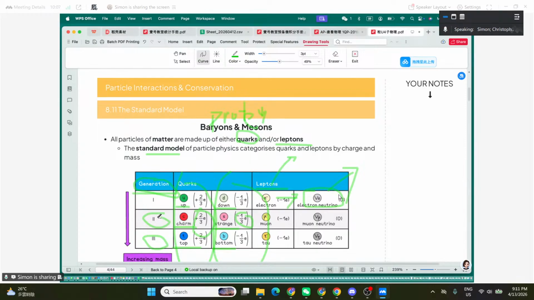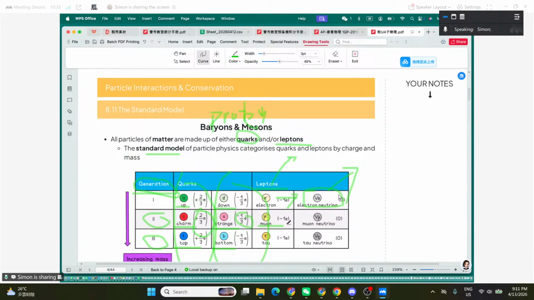In generation two, we have the muon. The muon is similar to the electron: the electron's charge is -1, and the muon's is also -1, so you can regard them as the same type of particle, a basic unit.